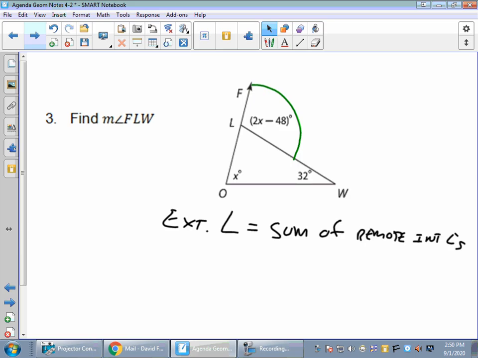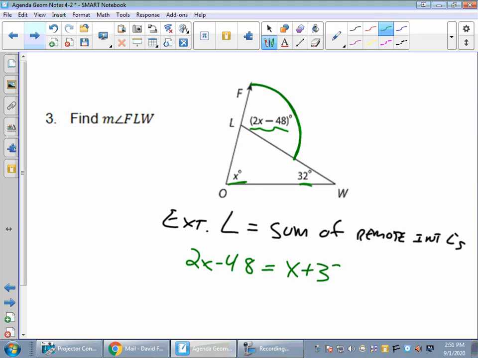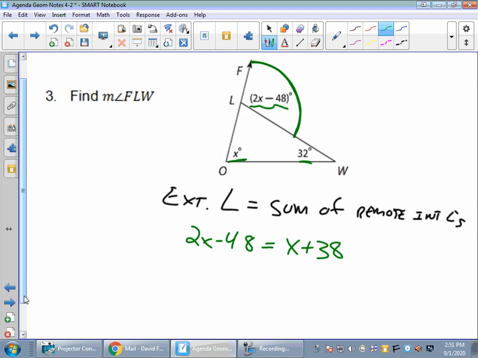So this entire angle that we're just discussing here has to be equal to the sum of x and 32 degrees. So if I take this 2x minus 48 and set it equal to those two remote interior angles, x and 32, and the sum of them, then I can use algebra to solve for x.